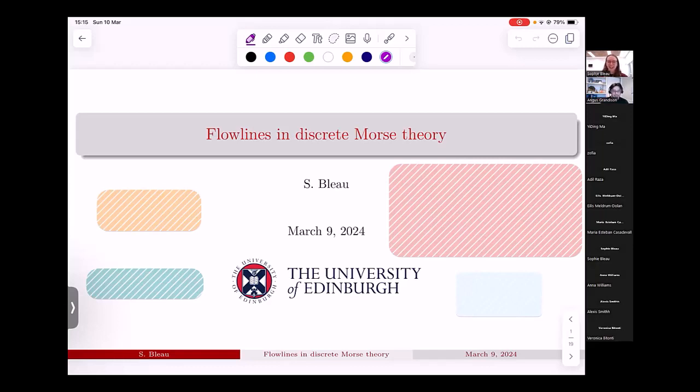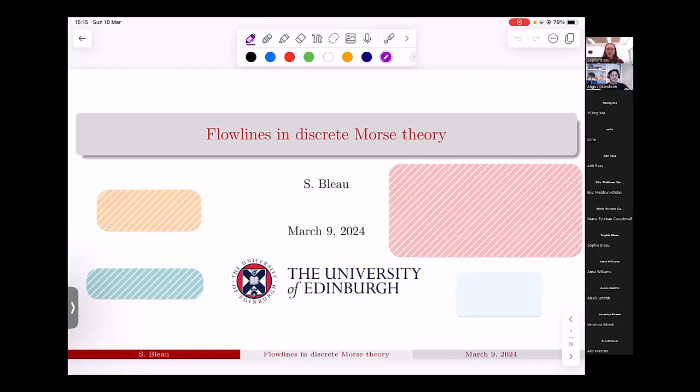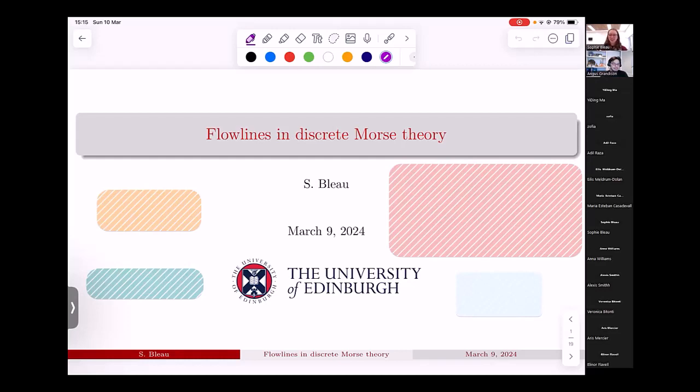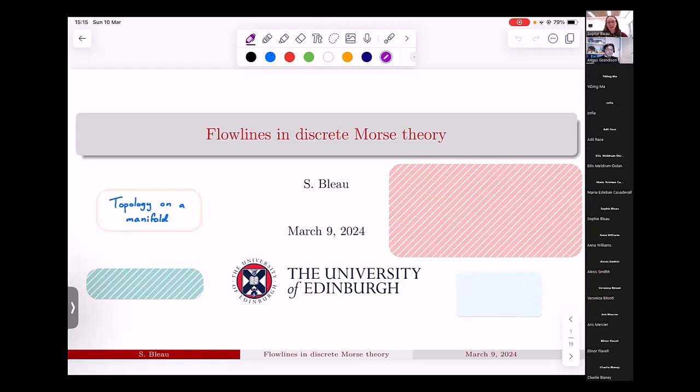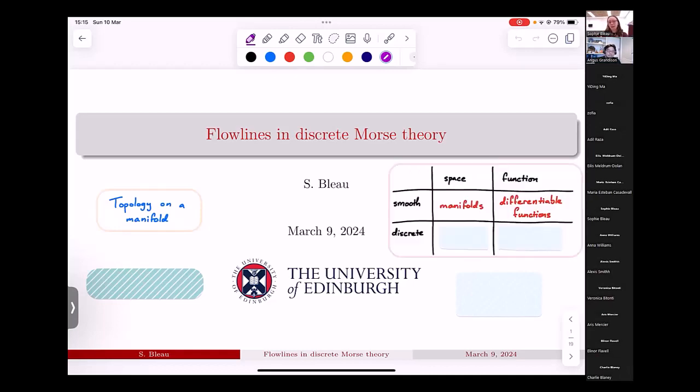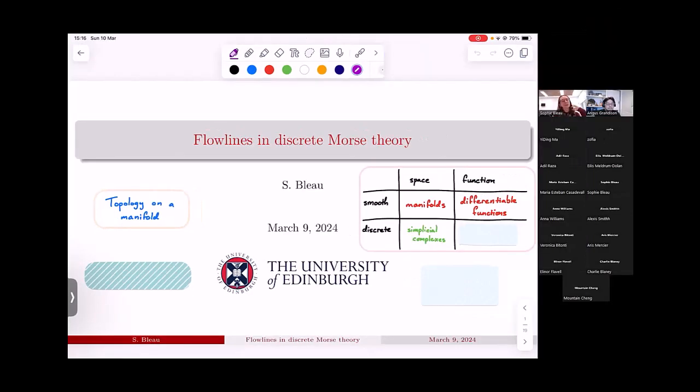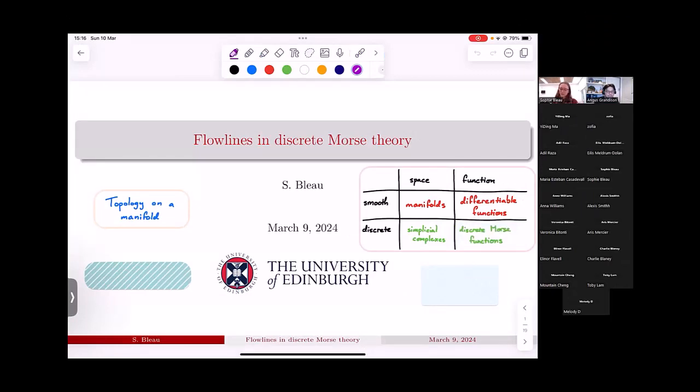Thank you. So today I'm going to be talking about flow lines in discrete Morse theory. So what's Morse theory, I hear you cry? It's basically analyzing the topology on a manifold by looking at the differentiable functions on it. And I wanted to take this into a discrete setting by, instead of looking at manifolds, looking at simplicial complexes, and instead of looking at differentiable functions, looking at discrete Morse functions.